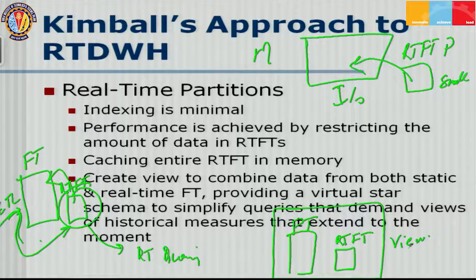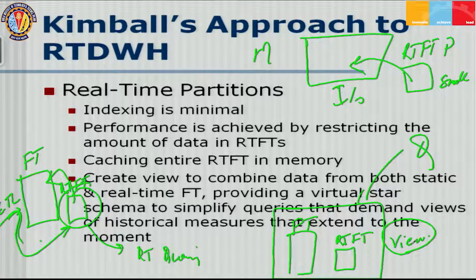Queries could directly target this view rather than targeting the two types of fact tables. This view can give you the illusion that real-time data is actually in the static fact table.